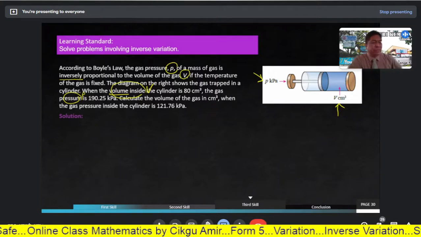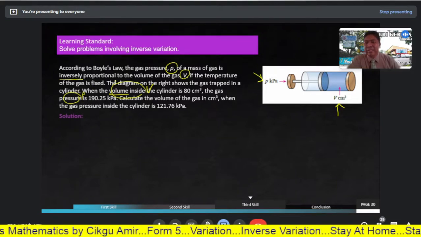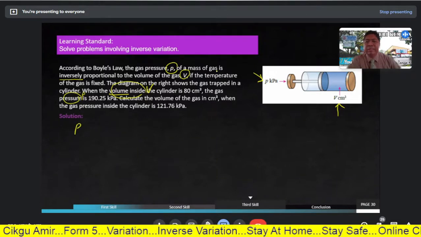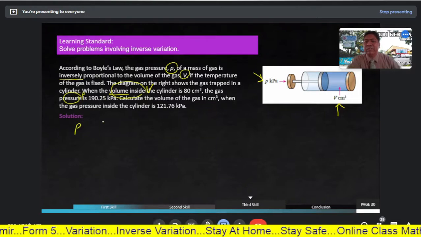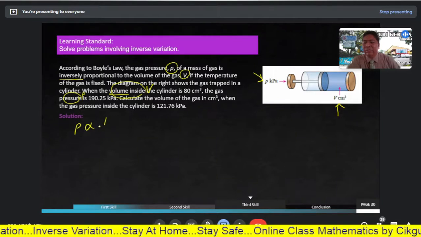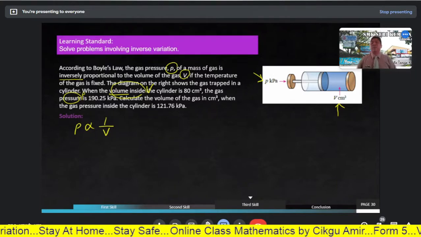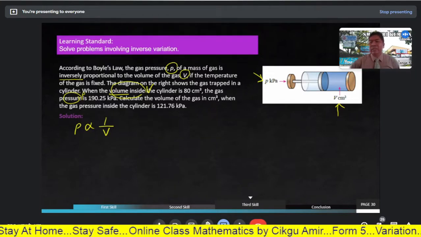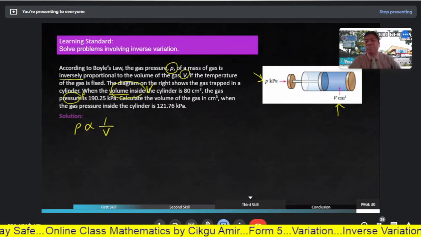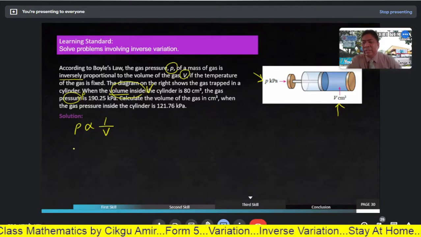So the first step, we write down the relation. The relation here is P is inversely proportional, so there are variation and inverse. So you write P varies inversely with V. Then from the first step, we change to the second step.